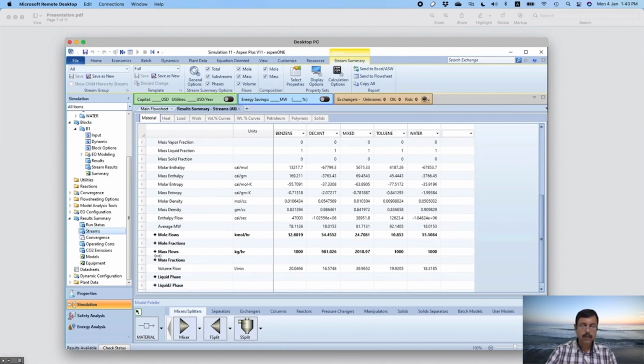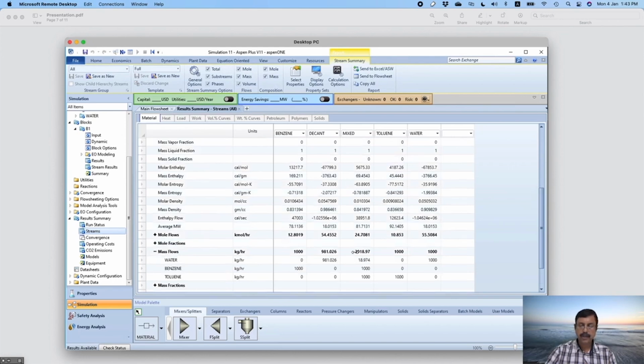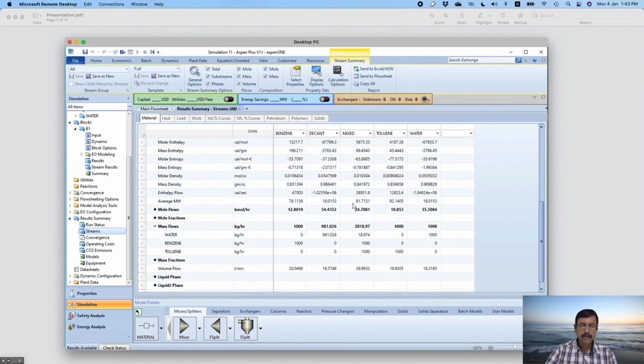If you check mass flow, in the decant stream we completely have water, nothing else. No benzene and no toluene. It's free water. Whereas in the mixed stream, we have very little water, and benzene and toluene, in total, go into the mixed stream. Water, being a heavier component, will go down the decant stream.